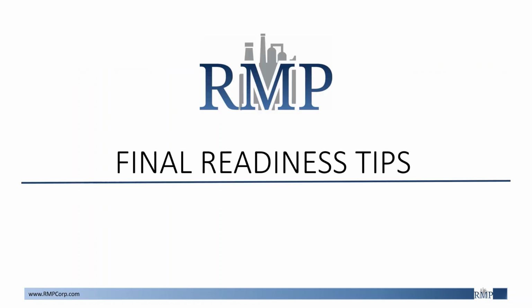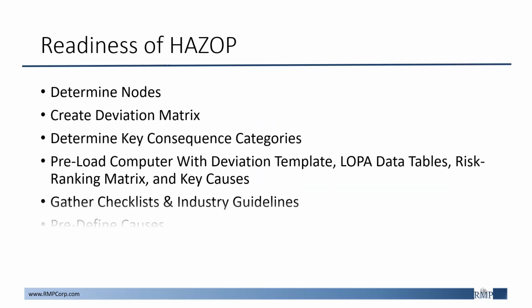Now let's go over some final readiness tips. To ensure that you are ready to perform a HAZOP, the facilitator must organize the information and prepare the worksheet to document the HAZOP study.